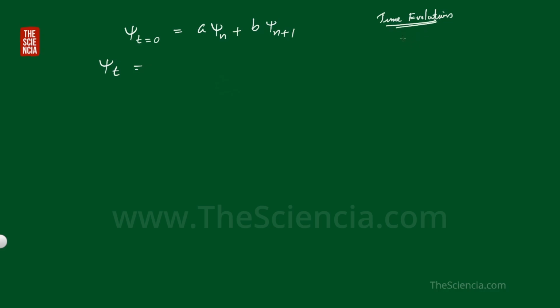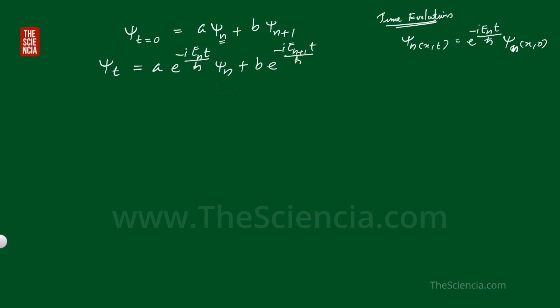And the time evolution is psi n of x, t is equal to e raised to minus i E n t by h cross into psi n of x, 0. Okay, so we can write this as a into e raised to minus i, where the energy associated with the state is E n, t by h cross, into psi n, plus b e raised to minus i E n plus 1 t by h cross into psi n plus 1.